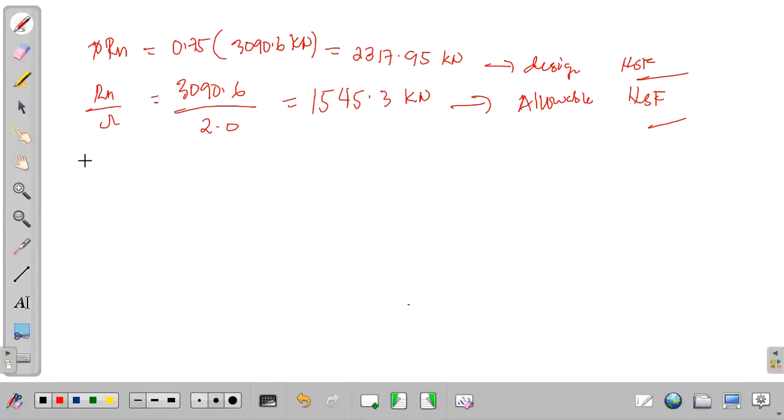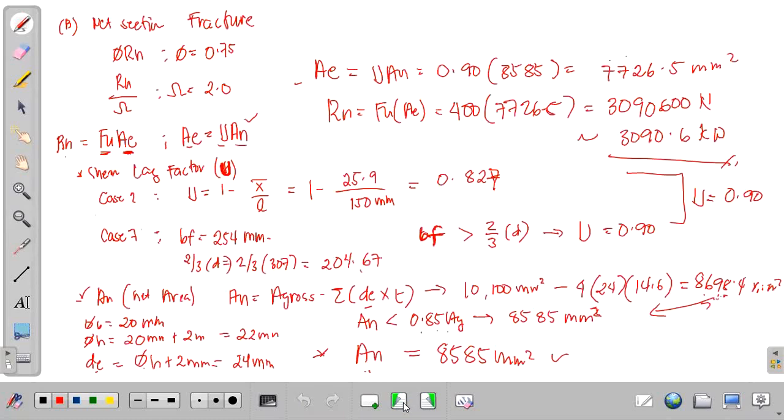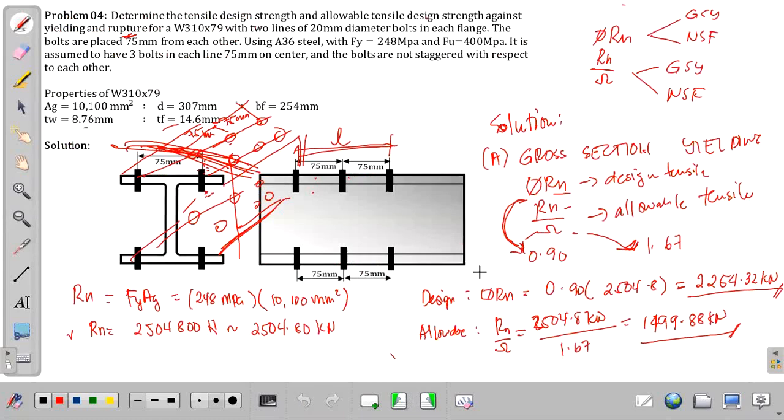So remember, design sa LRFD, dalawa yung na-solve natin, di ba? Isa sa gross section fracture and isa sa net section fracture. Sa net section fracture, ang na-solve natin is 2317.95. And doon sa gross, we have 2254.32.